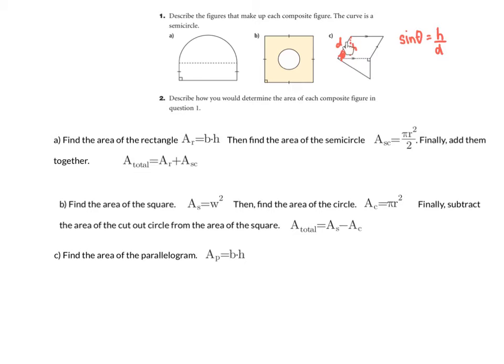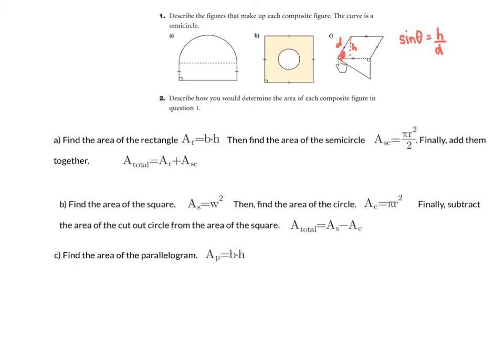So if I know this side length and I know this angle, I could say the sine of this angle is equal to this height divided by this side, opposite over hypotenuse of this little triangle. And then I could solve for this. Once I know this height, I can say that the base times the height is the area of this parallelogram, just like a rectangle.